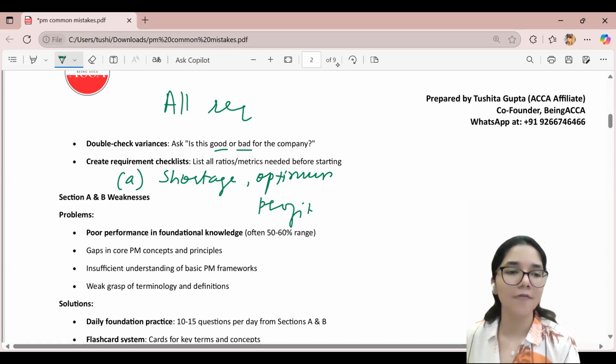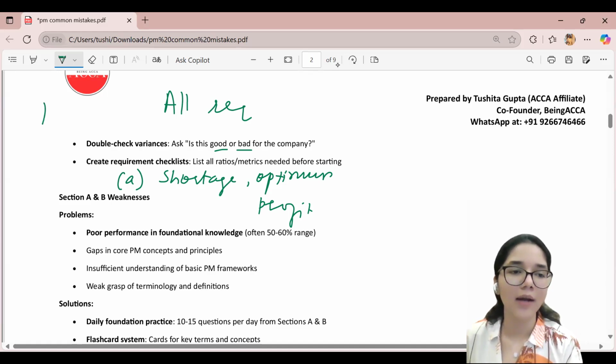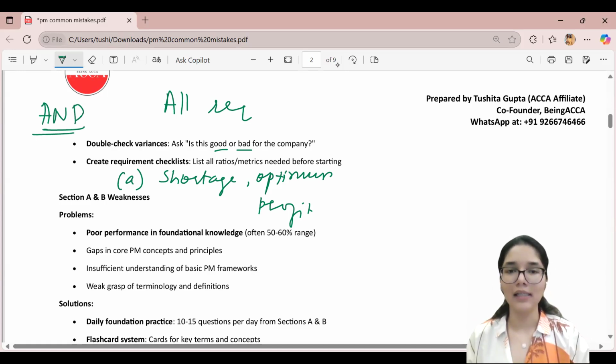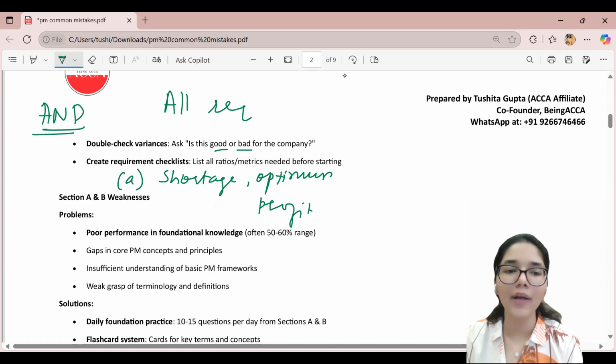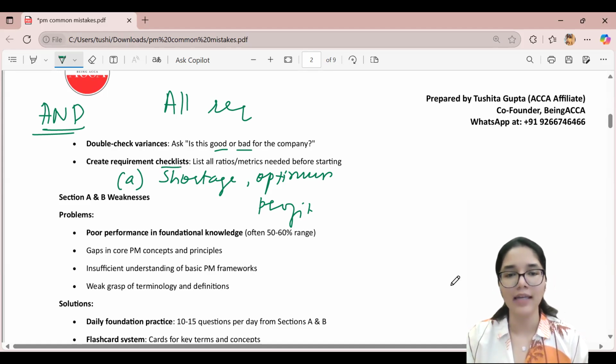So always, whenever you are reading a requirement, when you see the word and in the requirement, be double alerted. You should be thinking that, okay, here I need to be serious because not just one thing has been asked. Multiple requirements are supposed to be answered by me. So you should create a quick checklist of the things which I need to find. With respect to ratios, I had written this point.